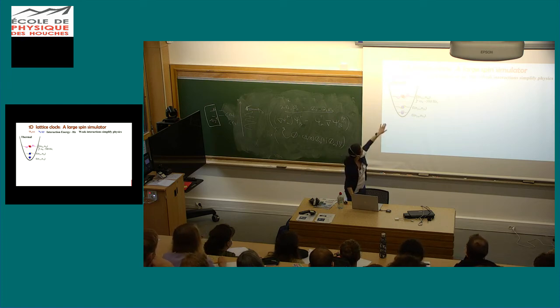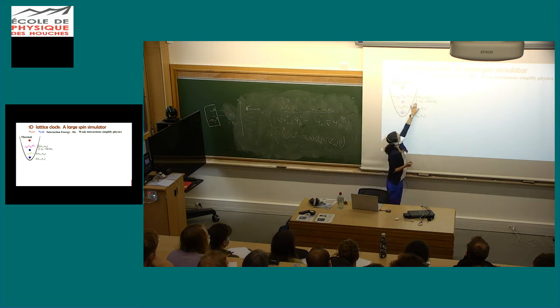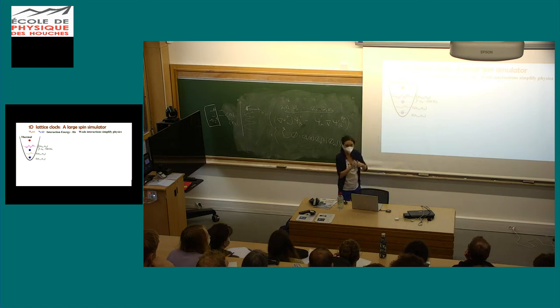That means if I have these particles populating here, if they collide, the interactions don't have enough energy to redistribute the particles, because changing the harmonic oscillator mode can cost up to 500 hertz of energy, and the collisions that we will have are going to be of the order of hertz or less.